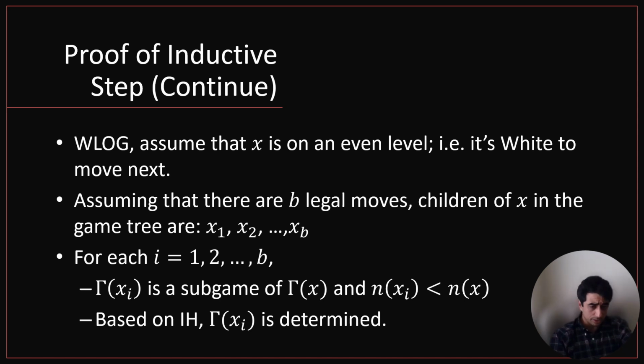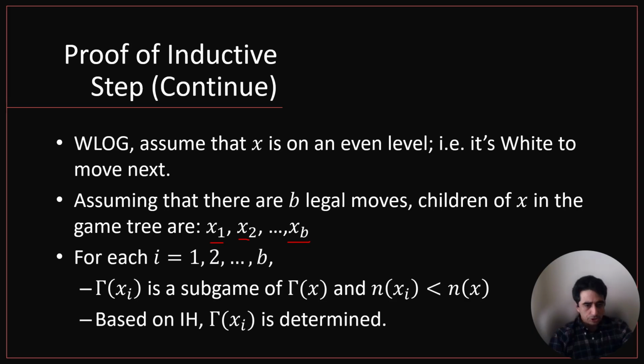That means it's white's turn to move next. Let's assume that there are B legal moves, as I showed you in the previous slide, and the children of X are represented by x1, x2, all the way to xb. These are all the legal states that will be available after you make one of those B legal moves starting from state X.